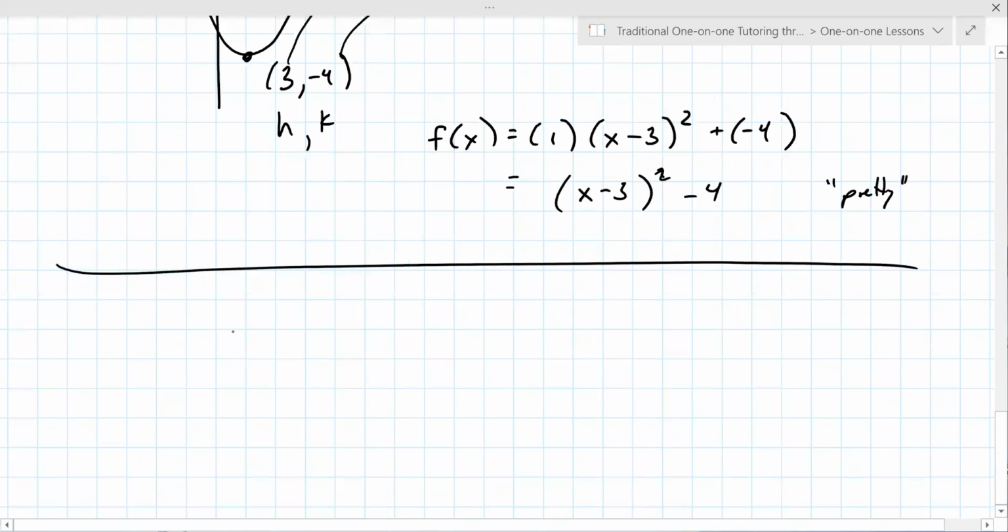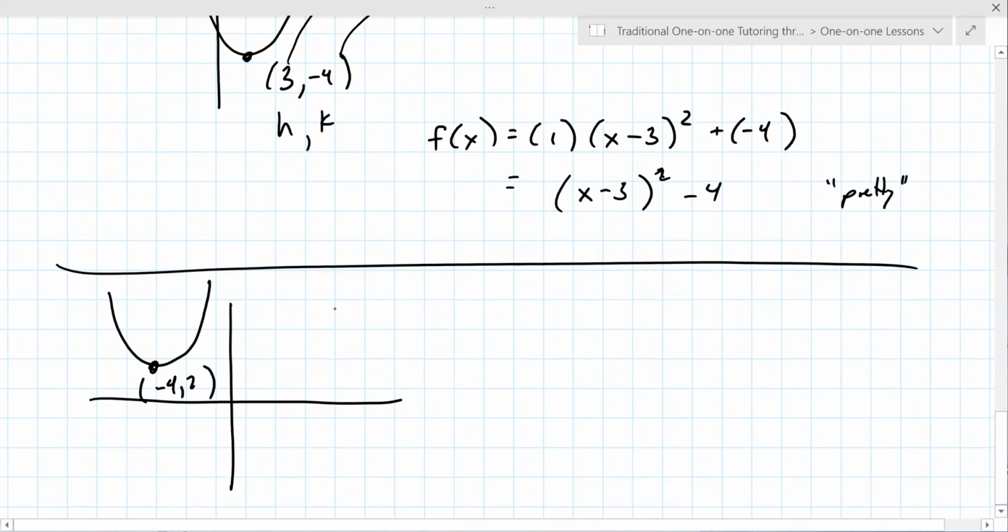Let's say I give you a graph. I tell you that the vertex is -4, 2, and a equals 1. You give me f of x.